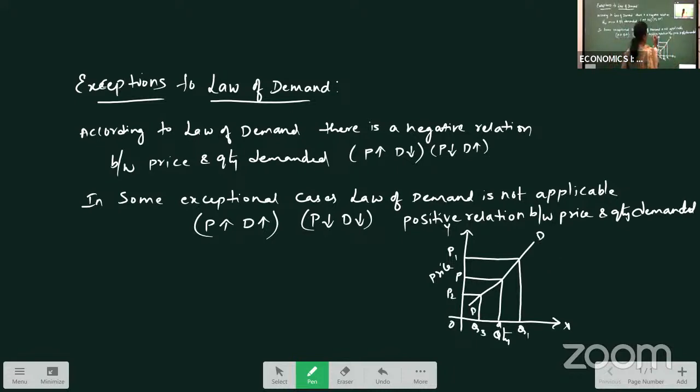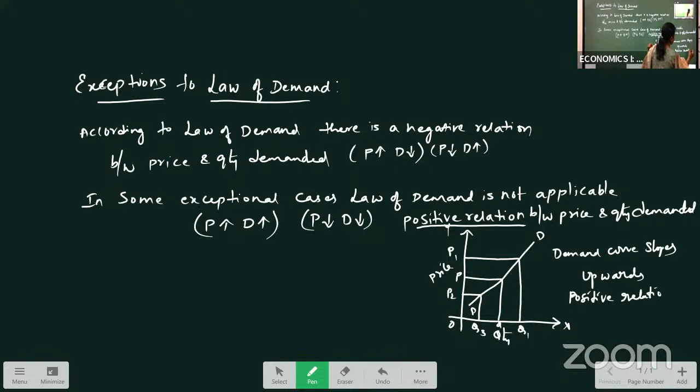So our demand curve will be sloping upwards. When there is a positive relation, our demand curve slopes upwards because of the positive relation. This is how we will explain it. What was explained in the law of demand? That when price increases, demand decreases.